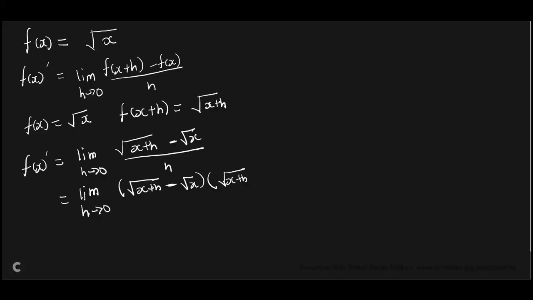Here we had a negative, but in this situation it's conjugated, it would have a positive. So you multiply the conjugate on the numerator again on the denominator.